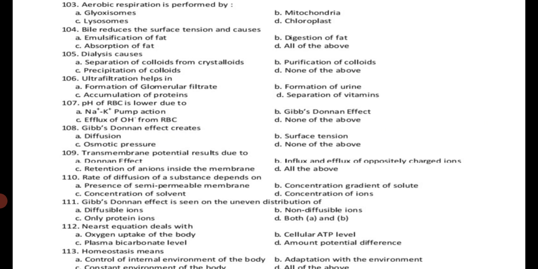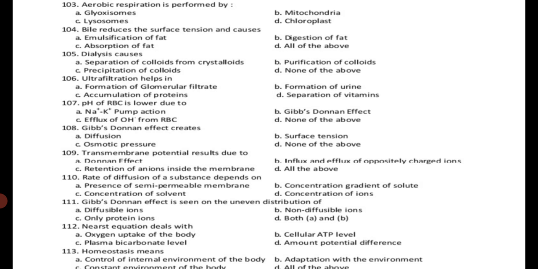Question number 112. Nernst equation deals with. The Nernst equation deals with the amount of potential difference. Option D is the answer of this question. Then question number 113. Homeostasis means. Homeostasis means maintenance of relatively constant internal conditions.